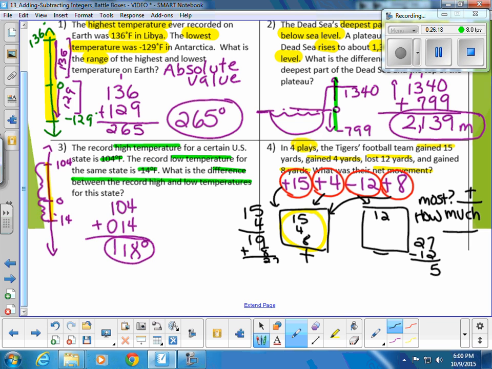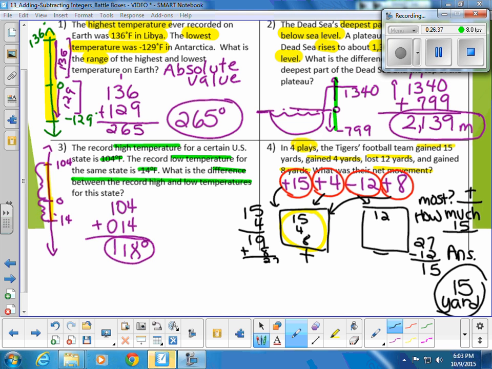That gives me 15. And then for your answer, you combine both of those, so it's going to be a positive 15. All right, so we got 15 as our answer. Don't forget, you have to label it. It's yards because it's football. Oops, I didn't spell that right.